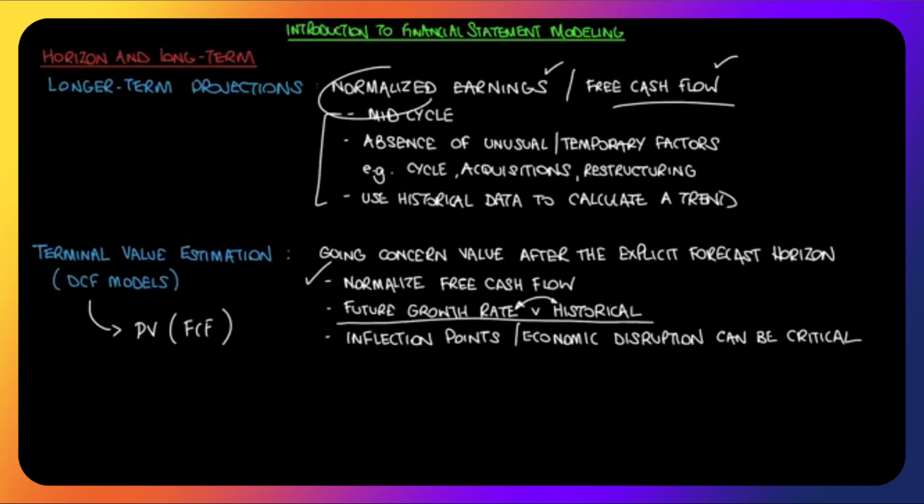It is obviously critical to try and spot any future inflection points where things beyond the point of inflection are not like they were before. So big changes in the economy, massive economic disruption. We've been through COVID. We've been through the financial crisis in 2008. Almost impossible to predict that kind of thing.